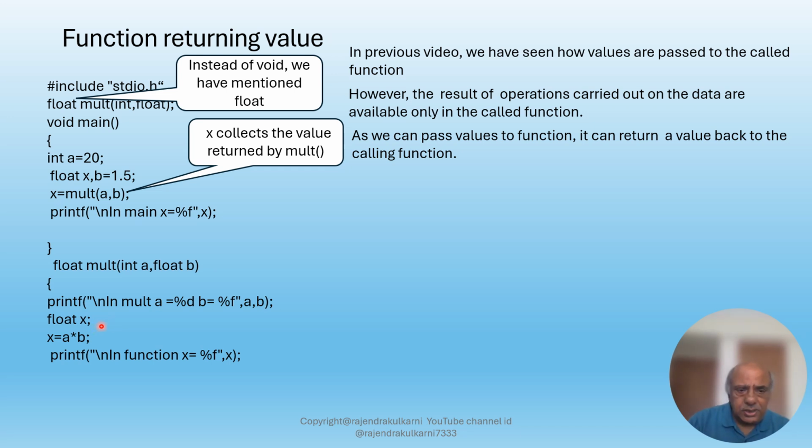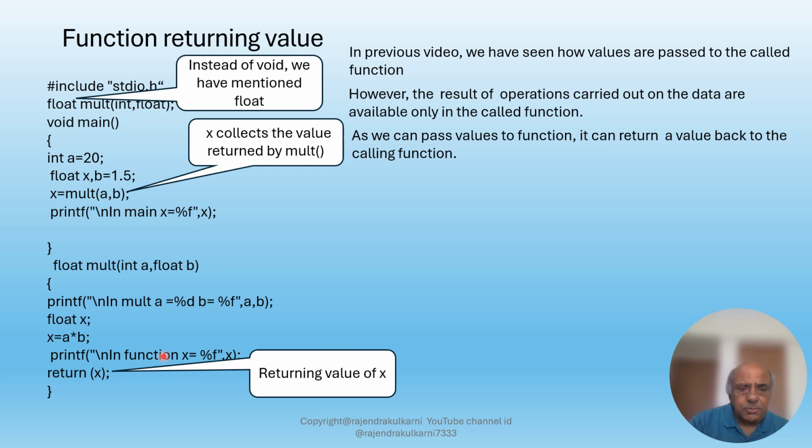Then another variable is declared which belongs to the function. It is a float x. Then there is a multiplication, x is equal to a multiplied by b. Then there is a printf statement which displays the value of x in the function, and then there is a statement return x.